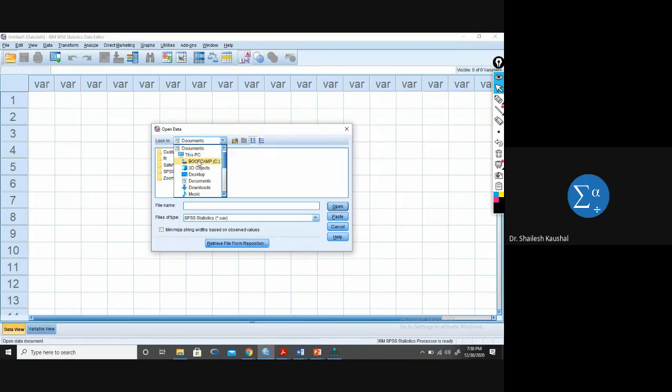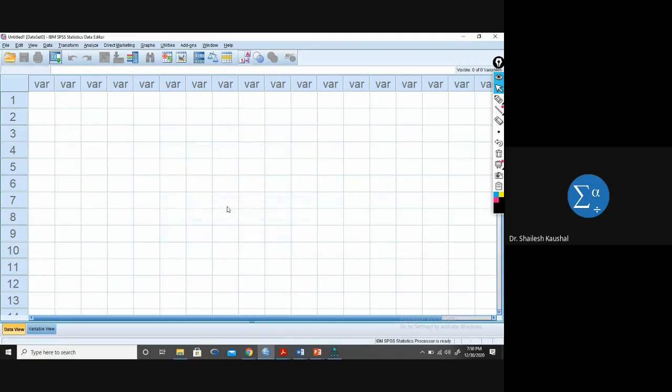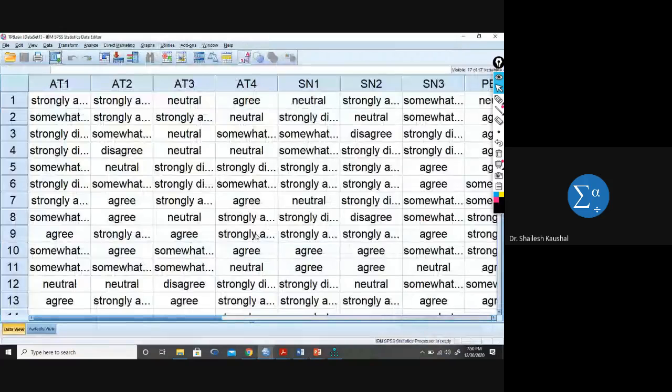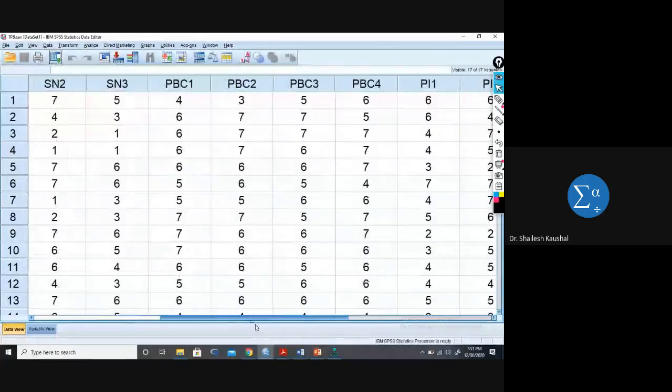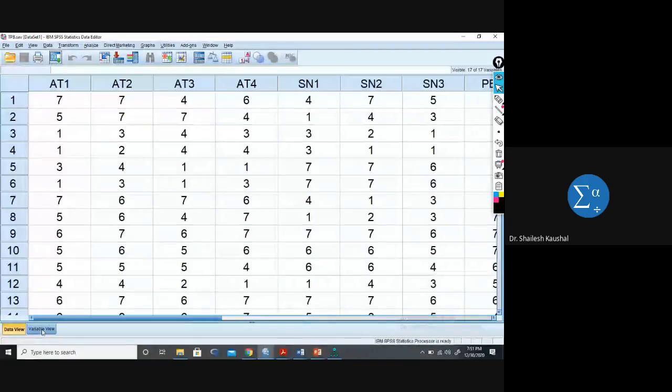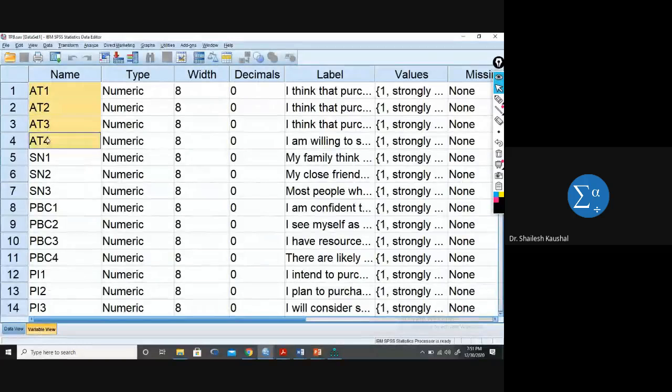This is the desktop, my file, TPB, theory of planned behavior. I think everyone can see these are the data. Here 81, 80, these are the codings.